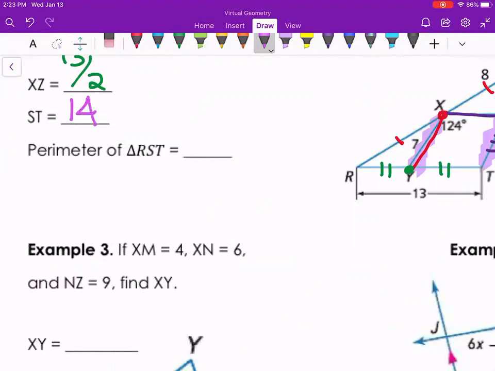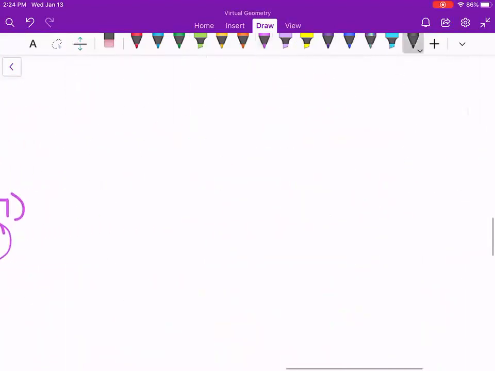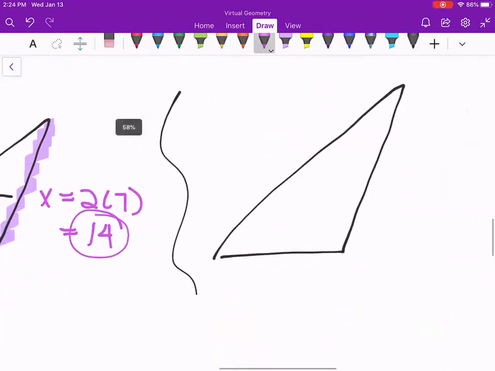All right, now we need to get the perimeter of triangle RST. So let's see what we get. All right, brand new triangle here. So we just found that our right side of the triangle was 14, so there's one of our values.